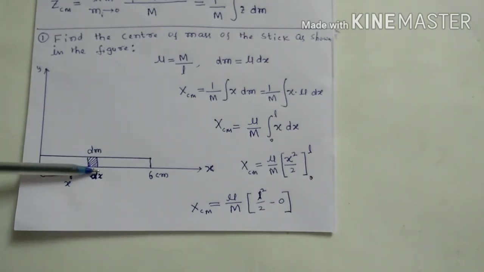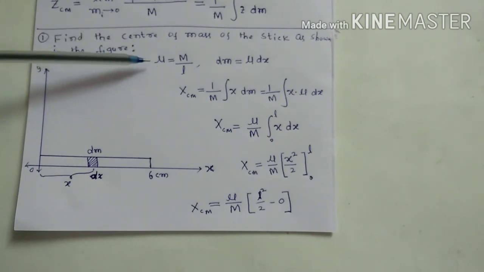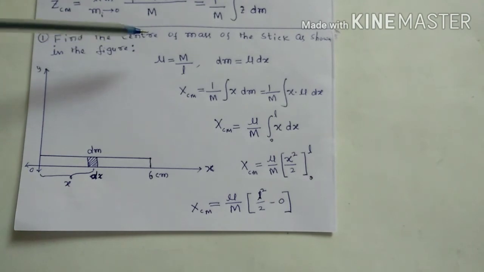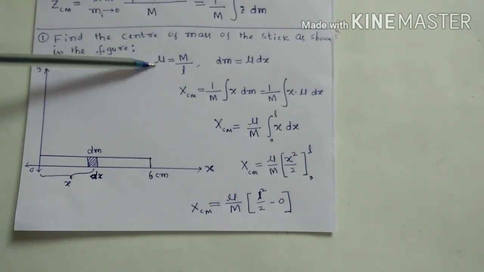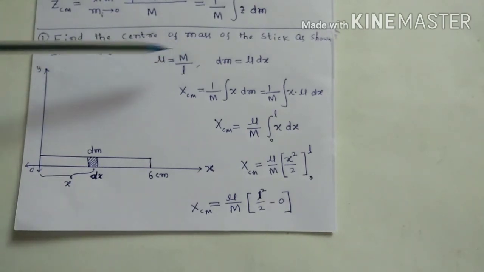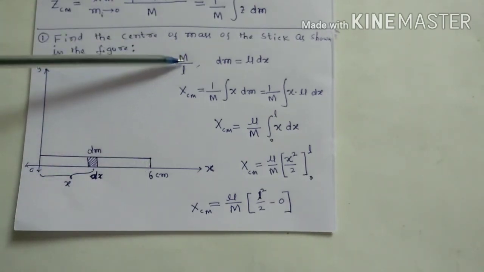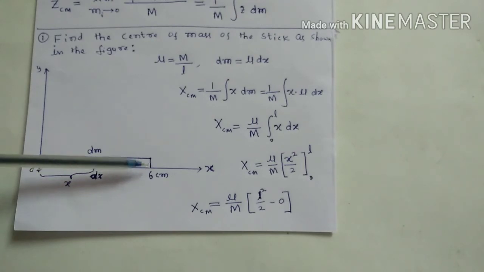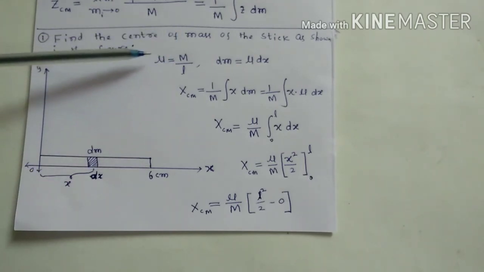Mass per unit length, that is called linear mass density. First step, you have to take this. I am calling this mu, this symbol, equal to capital M by L. Capital M is the total mass of the stick. L is the total length of the stick. So capital M by L, that is linear mass density.